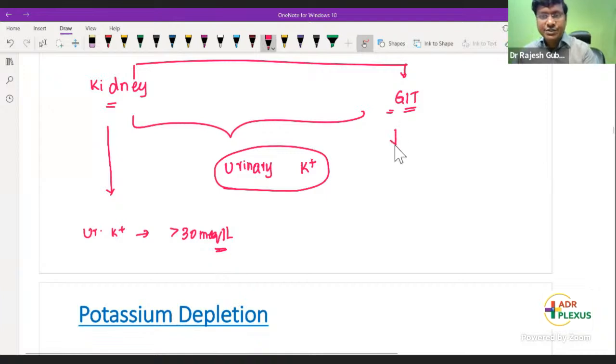And what will be the gastrointestinal cause for hypokalemia? That is diarrhea. So if it is due to diarrhea, the urinary potassium value will be less than 30 milliequivalents per liter.